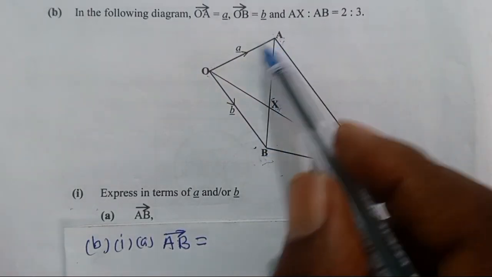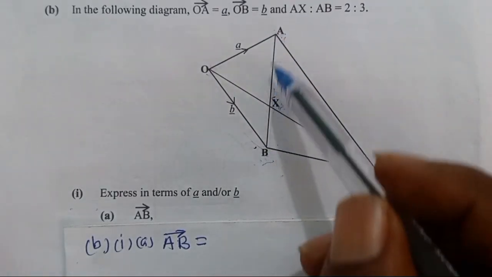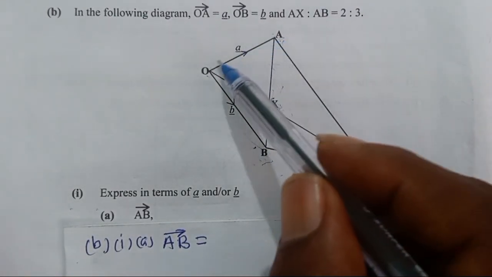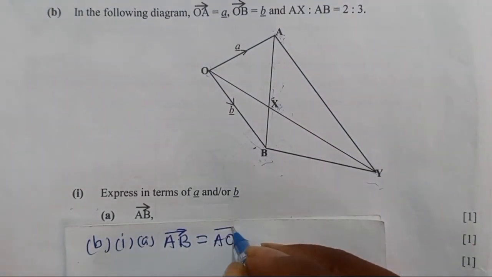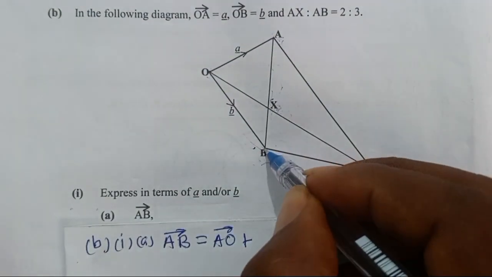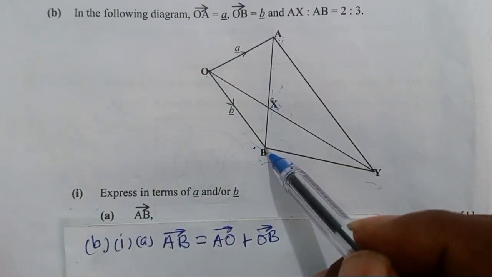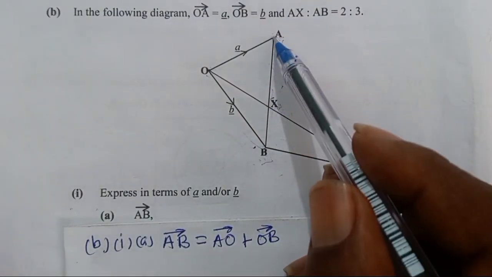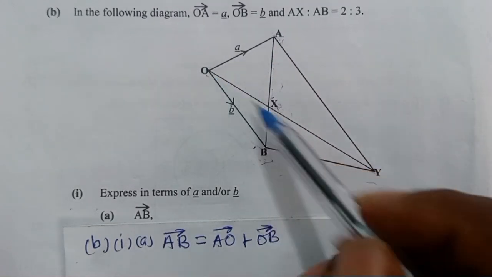So I'll use this route. So vector AB is equal to AO plus OB. Vector AB is equal to AO plus OB.